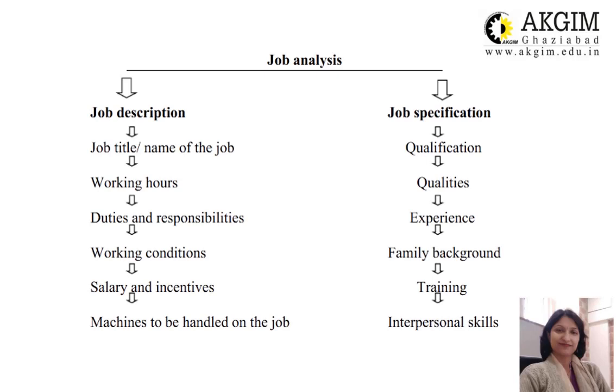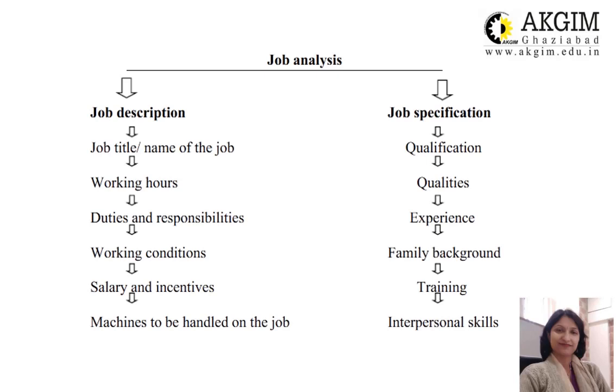And then we have job specification. Job specification is the information which is related to the person who will be doing that job. When I say person, that means what the employee must possess to do that particular job.